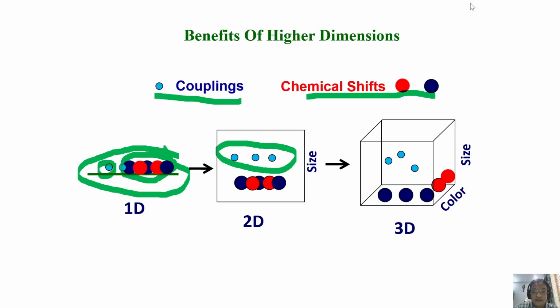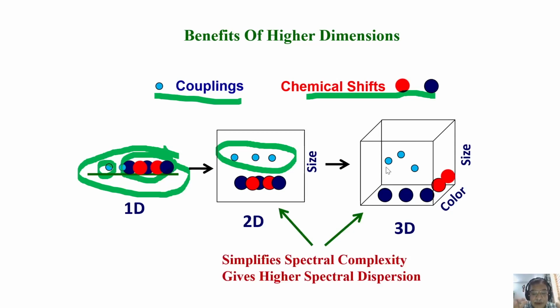Now I took 3 dimensions, and three pieces of information have been put in 3 different dimensions. By doing this, you have reduced spectral complexity. The dispersion became much better. Higher spectral dispersion came, instead of so many peaks congested in a small area where it was clumsy for us to analyze.